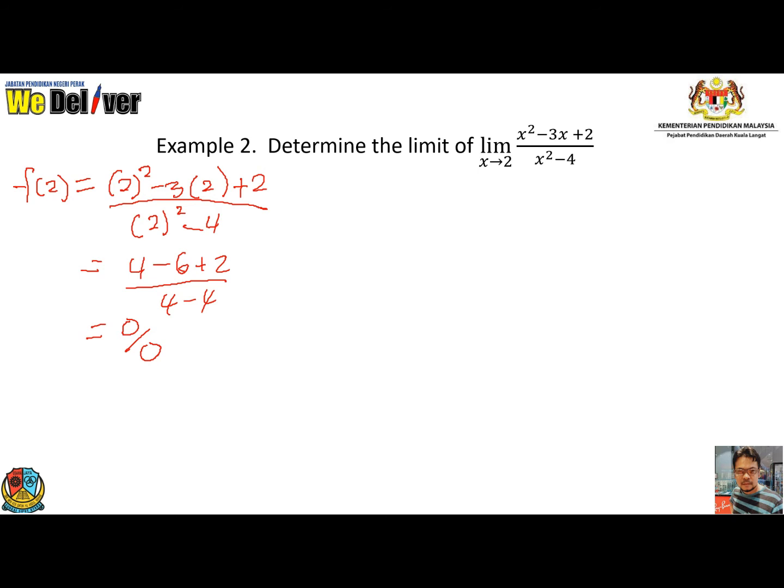So f(2) equals 0 over 0. To find the limit, you have to use either the factorization method or rationalizing the numerator or denominator. In this case, because the numerator and denominator can be factorized, we use the factorization method.